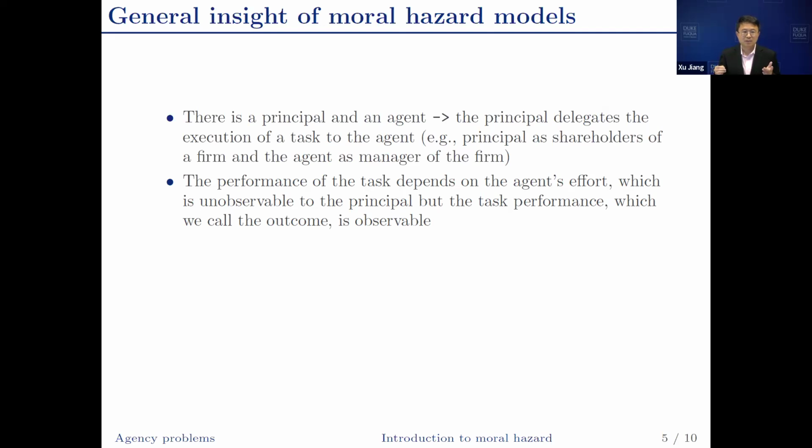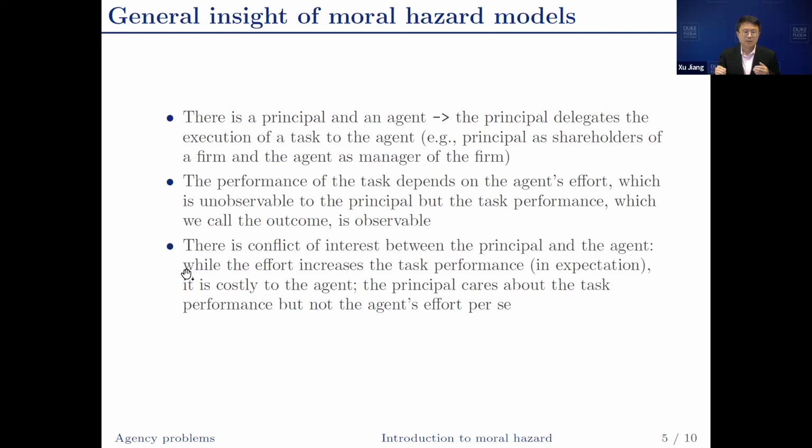However, the task performance is observed. In a firm example, the firm's cash flows, the firm's earnings, the firm's stock performance, those are all observed. And of course, as we mentioned, there's conflict of interest between the principal and the agent. If the agent exerts more effort, the firm performance is going to be higher in expectation, because there are still going to be some randomness.